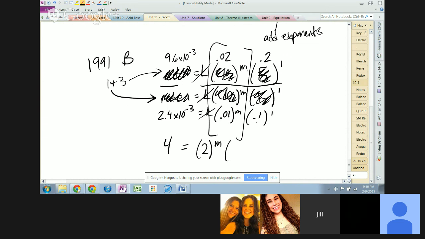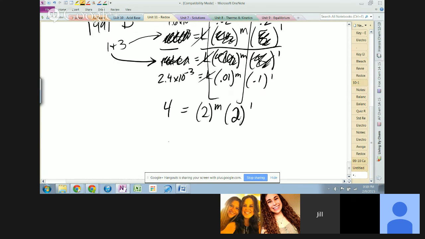And then 0.2 divided by 0.1, that's 2, and it's to the first power. So then you have 4 equals 2 to the m times 2. Divide both sides by 2, you get 2 equals 2 to the m. So the exponent there is 1. Okay. Basically just set up a ratio between 2 different trials and plug in all the numbers and the orders that you know. Okay, thank you.